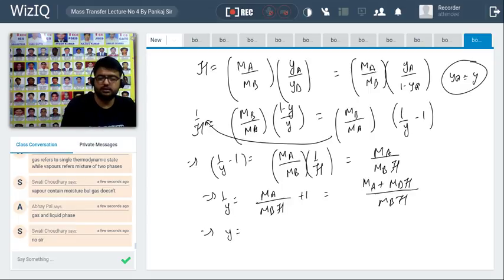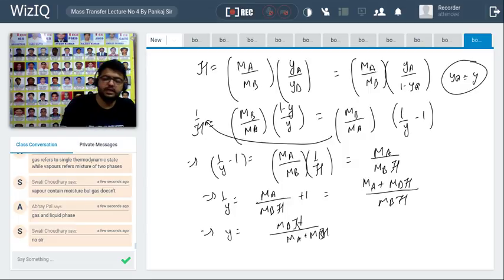This implies Y is equal to MB into H upon MA plus MB into H. Okay, so got it.